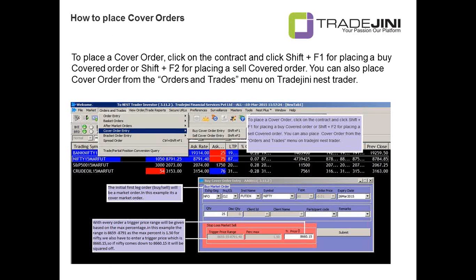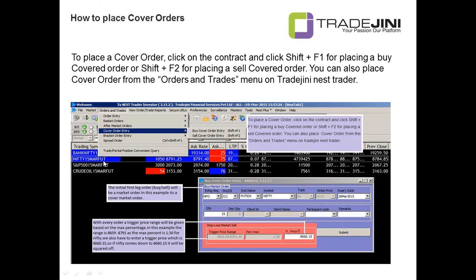To place a covered order, we can either press Shift F1 for buy or Shift F2 for sell, or we can go to Order and Trades and select cover order from there. In this example we are talking about a buy cover order.